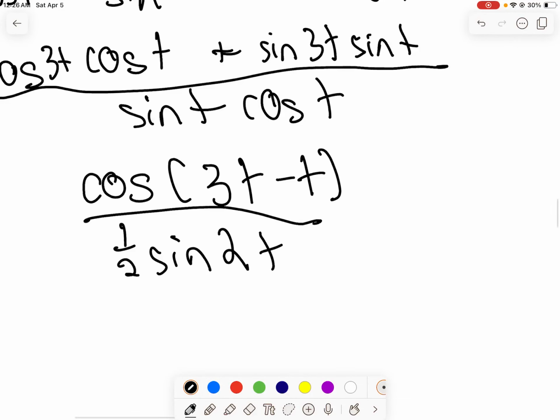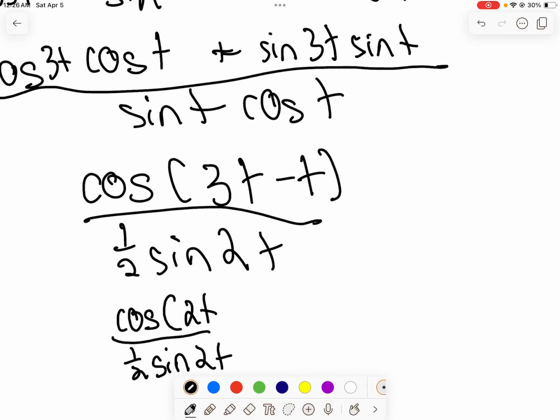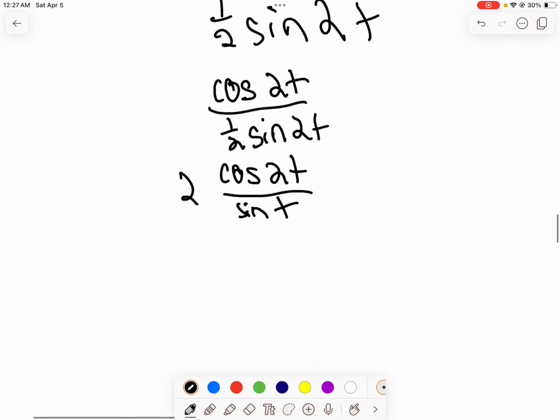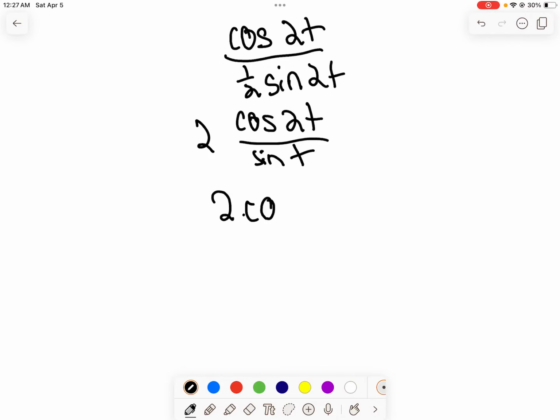Anyway, if you take 3t minus t, you'll get cosine 2t over 1/2 sine 2t. And as we saw earlier, there we go. And you could just simplify that to 2 cotangent 2t.